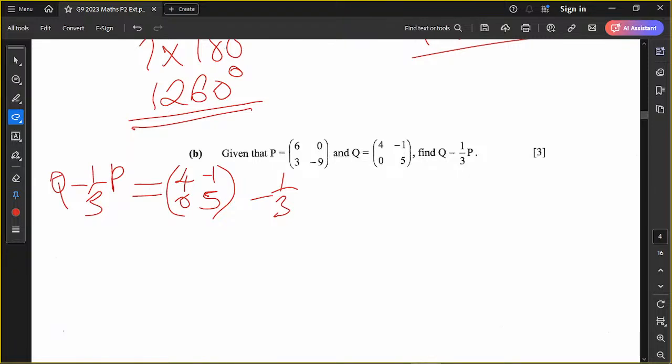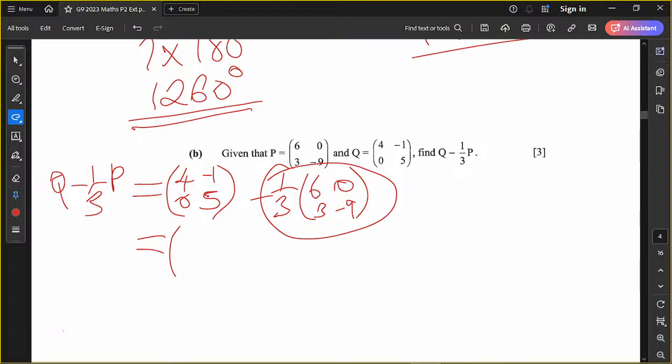Then the matrix that is there is P, which is 6, 0, 3, negative 9. If you have been a keen follower of our page, we solved something like multiplying a scalar by a matrix in Paper 1 2024, and I demonstrated how you do it. I'm going to do the same thing. First of all, I need to deal with this expression here.